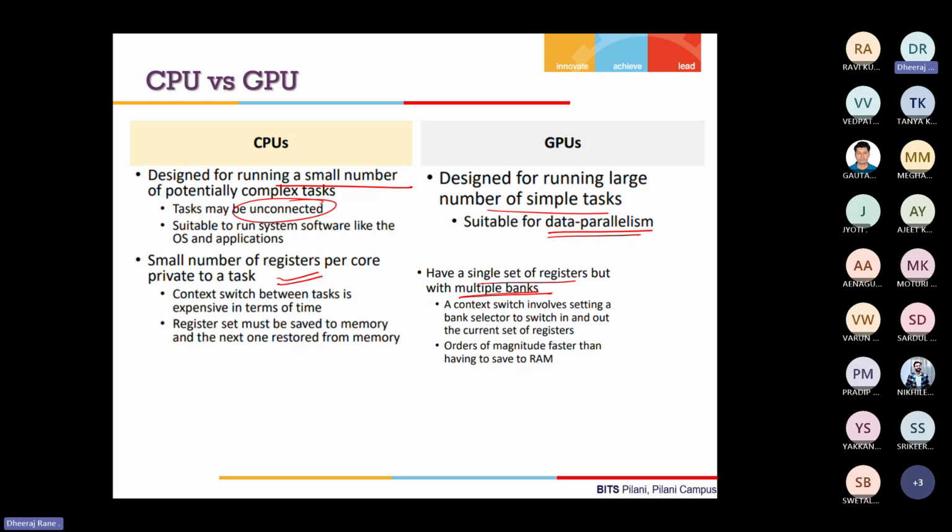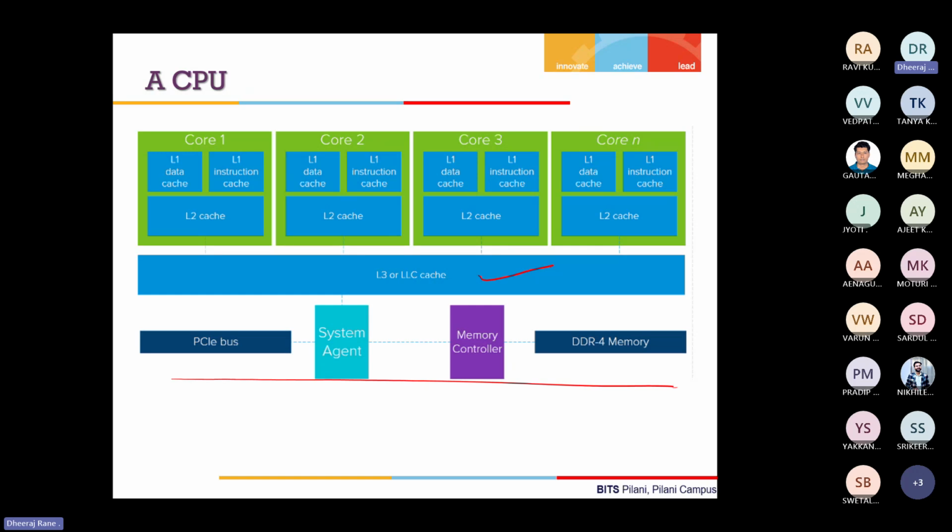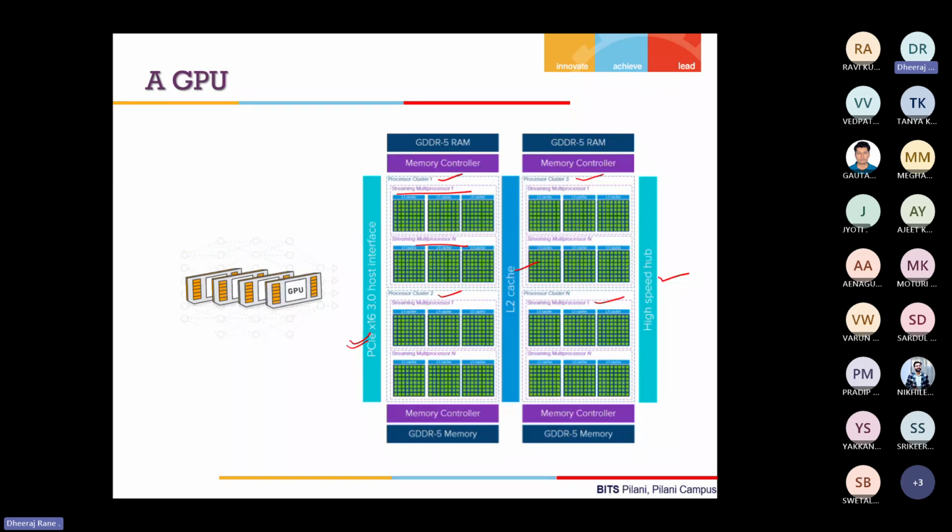And here in CPU, we'll be having a small number of registers per core. Here we'll be having a single set of registers, but with multiple banks or multiple storage, right? So this is CPU, which we have already seen, and this is GPU.